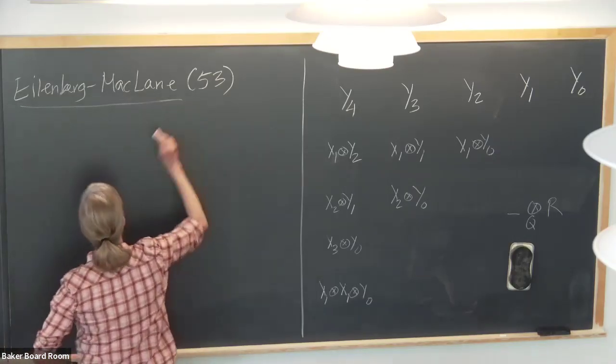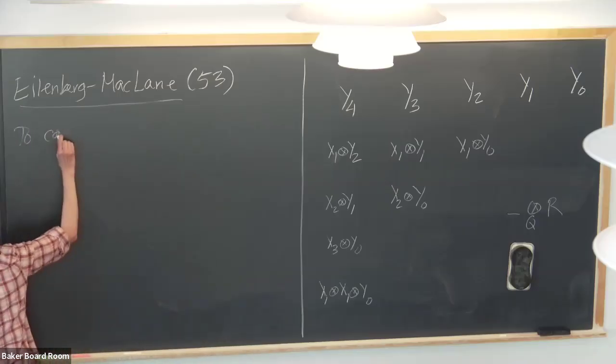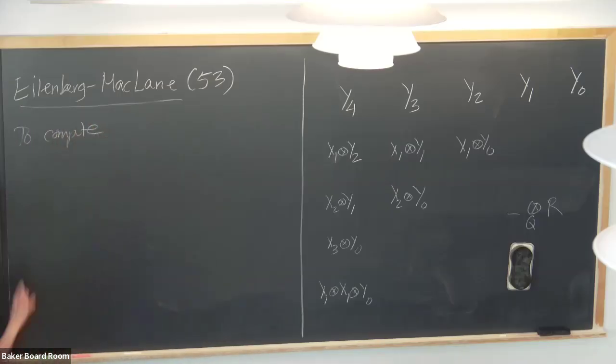And this was a breakthrough to compute derived functors of things you care about in representation theory of finite groups, say. So things like modules of invariants and coinvariants.